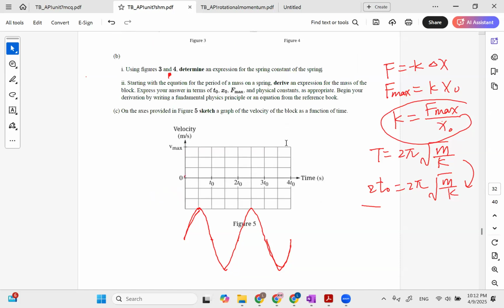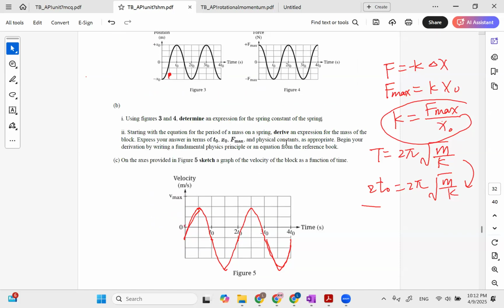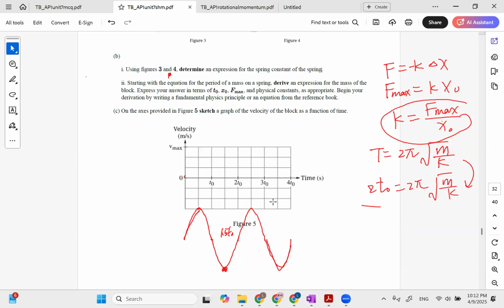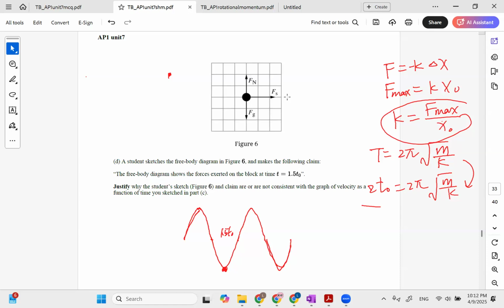As you sketch in part C. Part C is here, right? Where's the 1.5 T0? It is here, right? When you get maximum speed, it's normally at equilibrium, right?